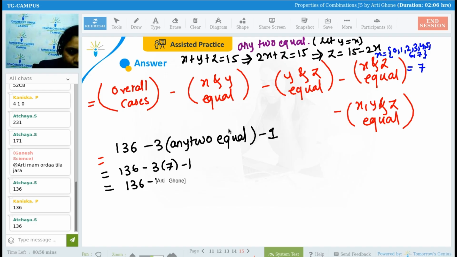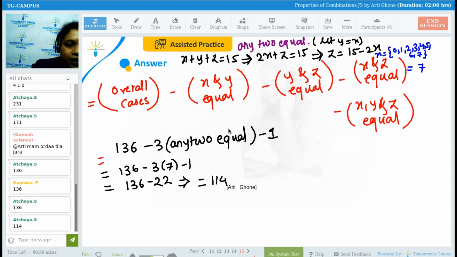So it is 136 minus 22. What will be the answer? 114 is the final number of ways to have x plus y plus z equal to 15.